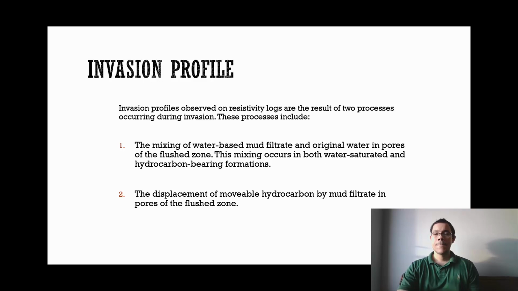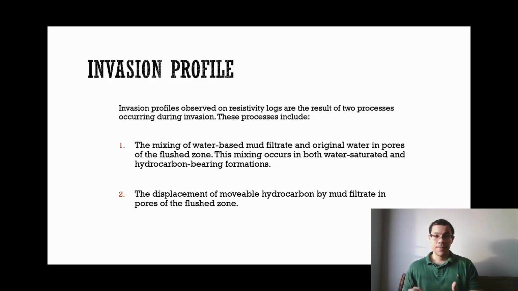Now, I'm going to read the following 3 slides because I consider the information really important in order to better understand what invasion profiles are and how they work. Invasion profiles observed on resistivity logs are the result of 2 processes occurring during invasion. These include the mixing of water-based mud filtrate and original water in pores of the flushed zone.